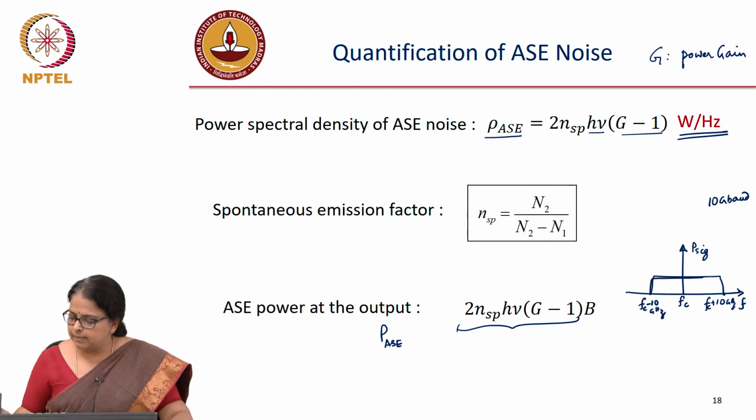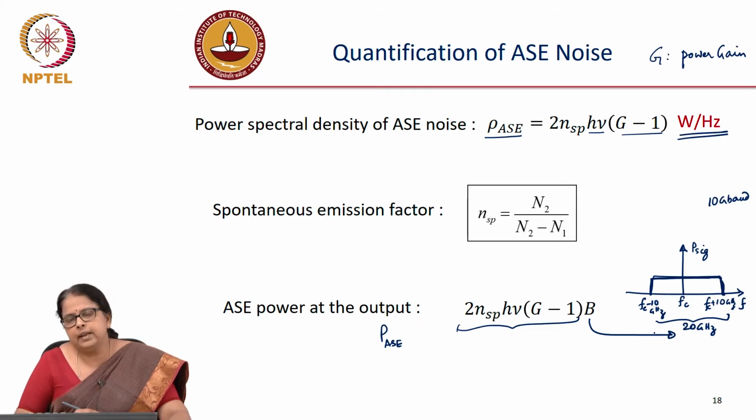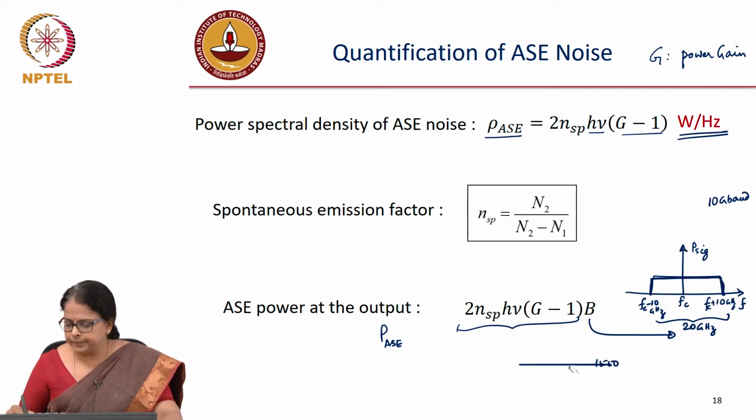Then this total band, if you are putting a filter of total bandwidth, let us say 20 gigahertz, then I should use this B as 20 gigahertz. So it depends on the filter bandwidth. If I am using a 1 nanometer filter at 1550 nanometer, 0.08 nanometer corresponds to 10 gigahertz.